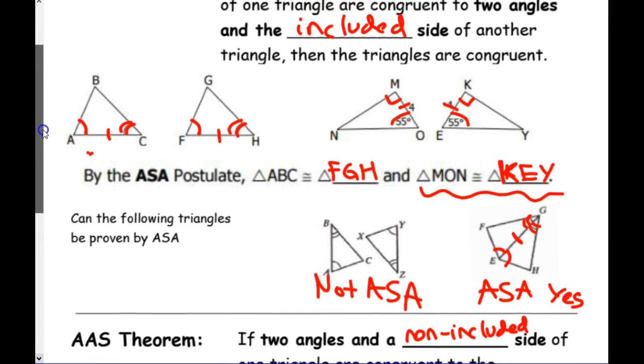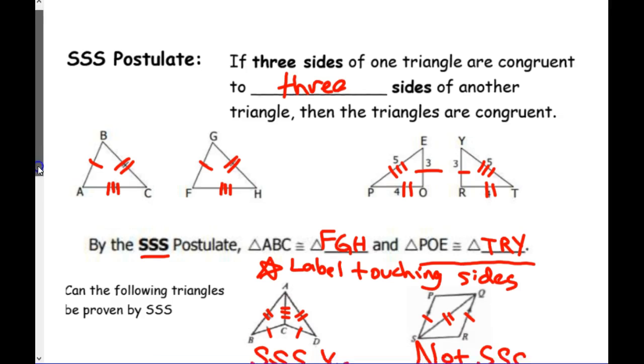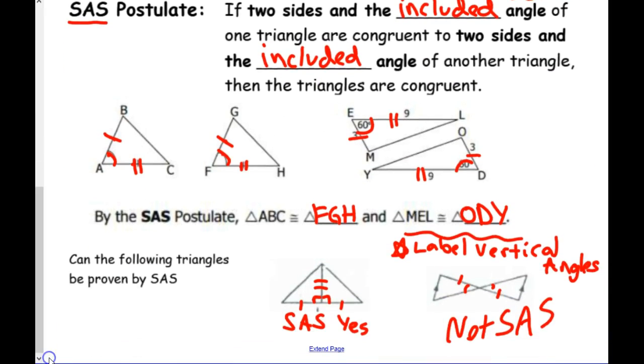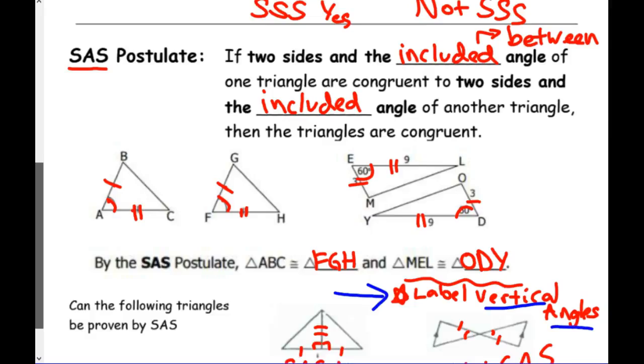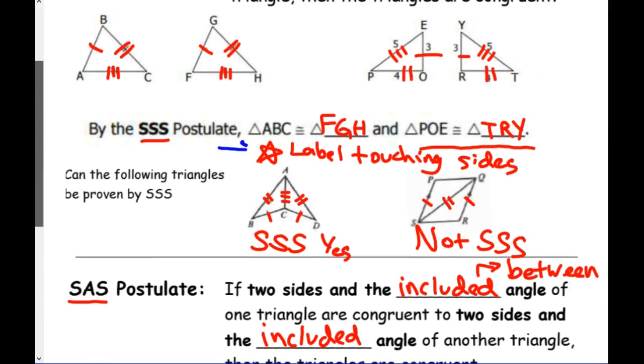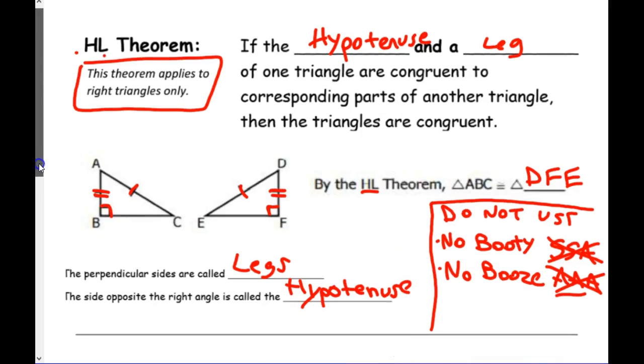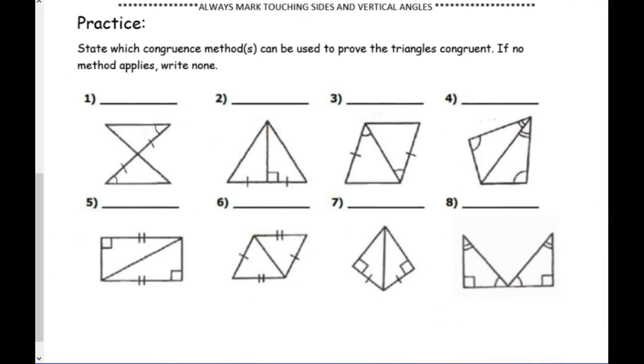So, I told y'all you need to label two things. Vertical angles. And I also taught y'all you need to label touching sides. Okay, so let's do that. Down here at the bottom. Do I have any vertical angles? Where do you see them? Number 1. Let's label that real quick.